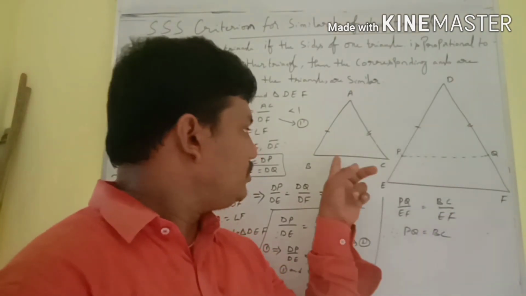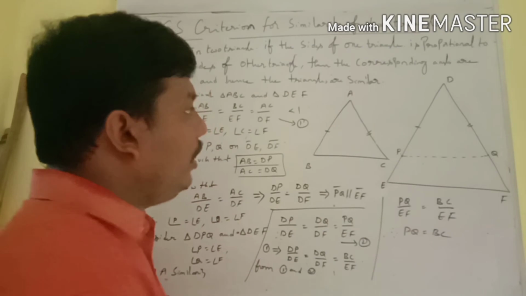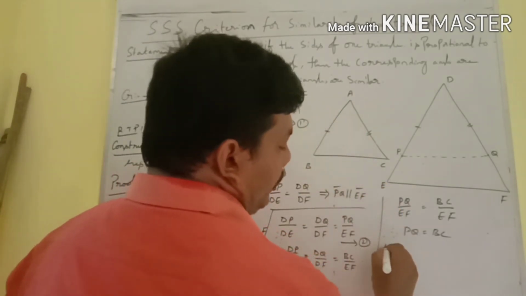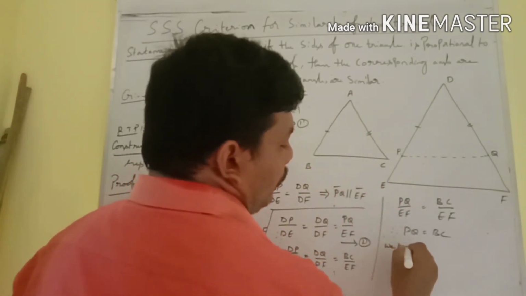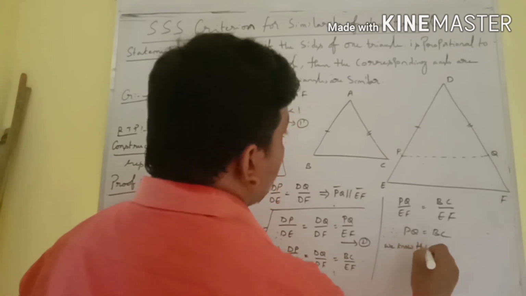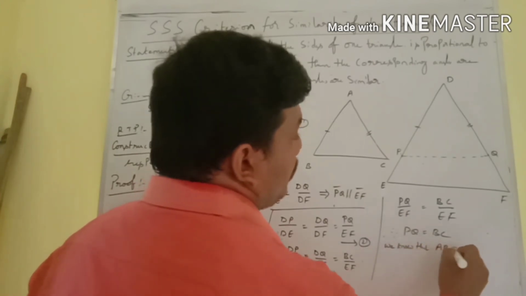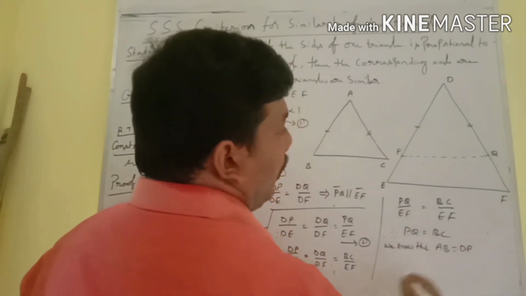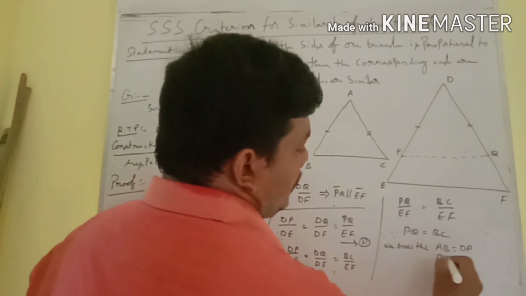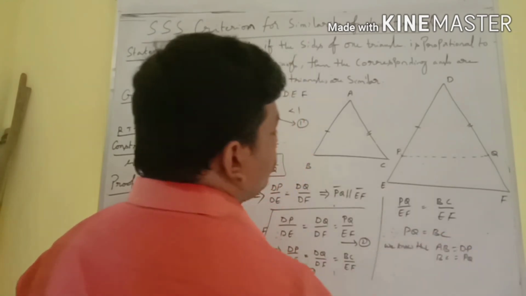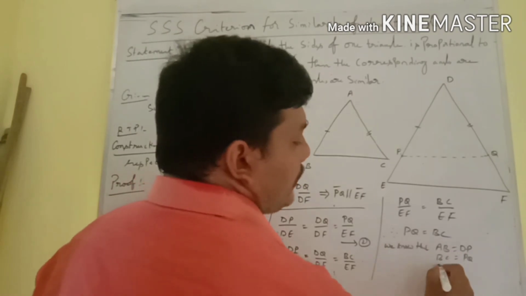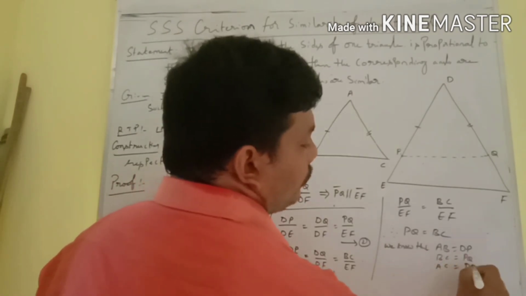This line is equal to this line. As we already know, AB is equal to DP, BC is equal to PQ, and AC is equal to DQ.